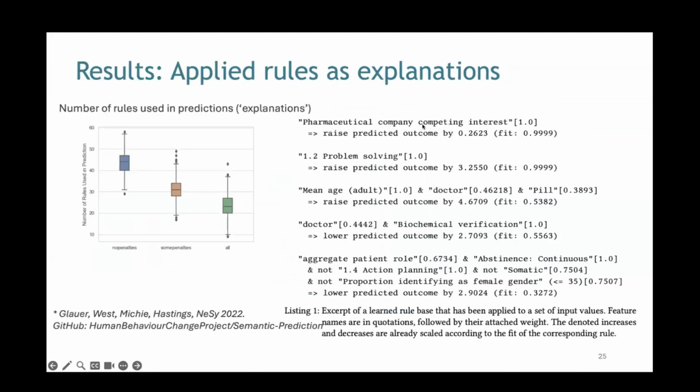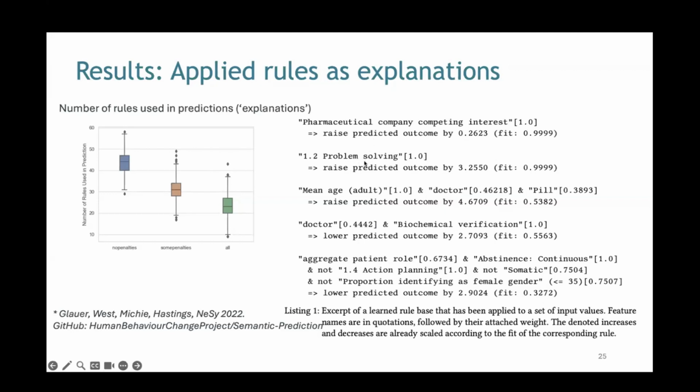And the result is you get rules which look something like this, which are combined together in order to produce your eventual prediction, depending on which features you specify you want an AI prediction for. So, for example, you may be interested in whether there was or was not a pharmaceutical company competing interest, whether there was or was not problem solving as a behavior change technique, and so on.